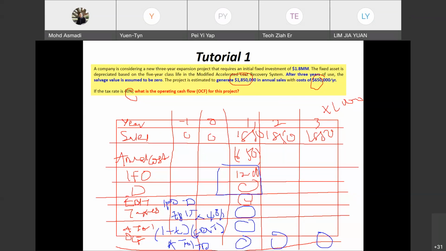I give you about 5 minutes. What's the final OCF? First year, second year, and third year.